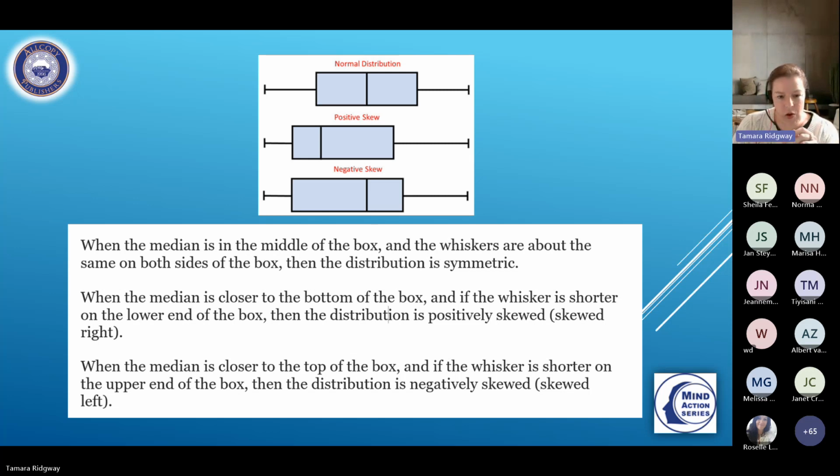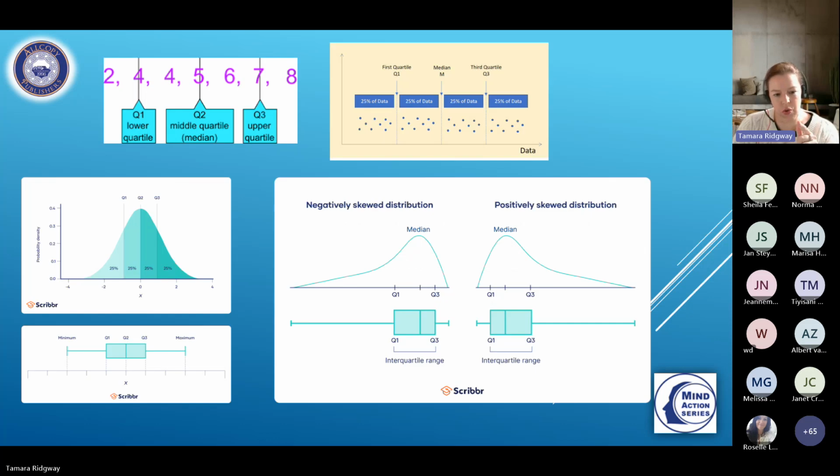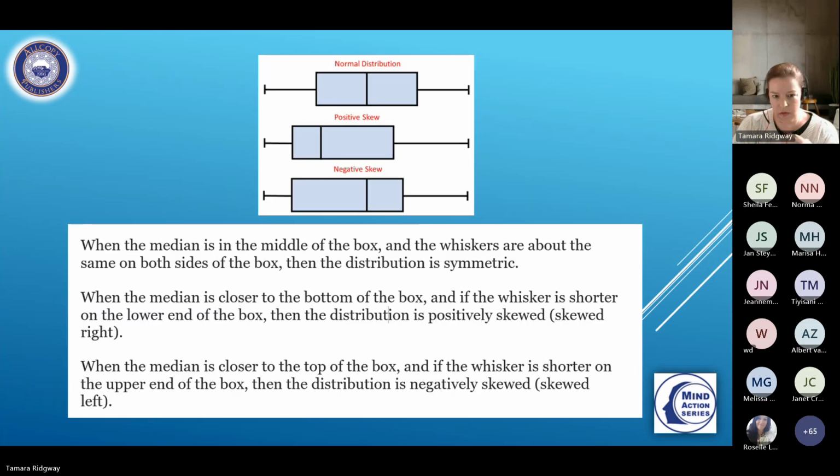At first, I always got confused. Personally, I would get confused how if the median moved to the left, it was a positive skew, and when it moved to the right, it was a negative skew. And so I had to find my own silly ways of remembering it.